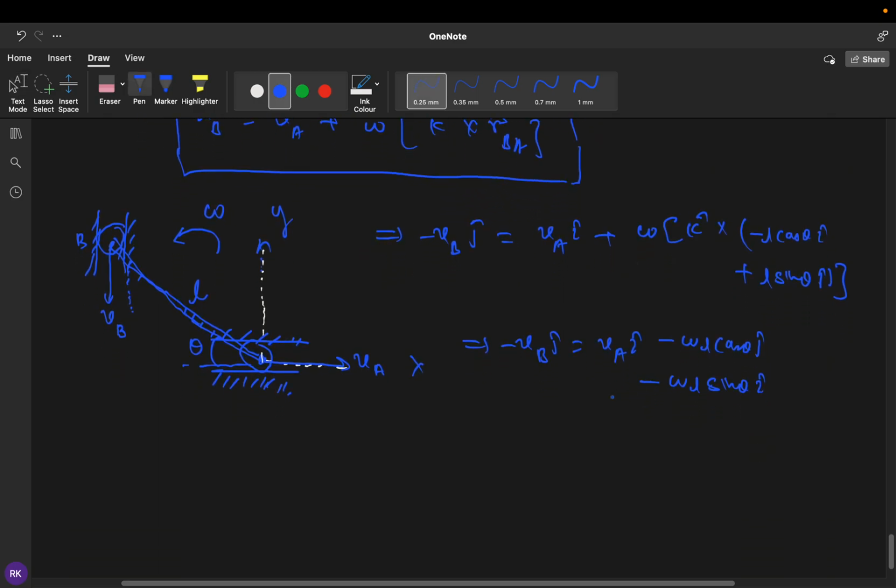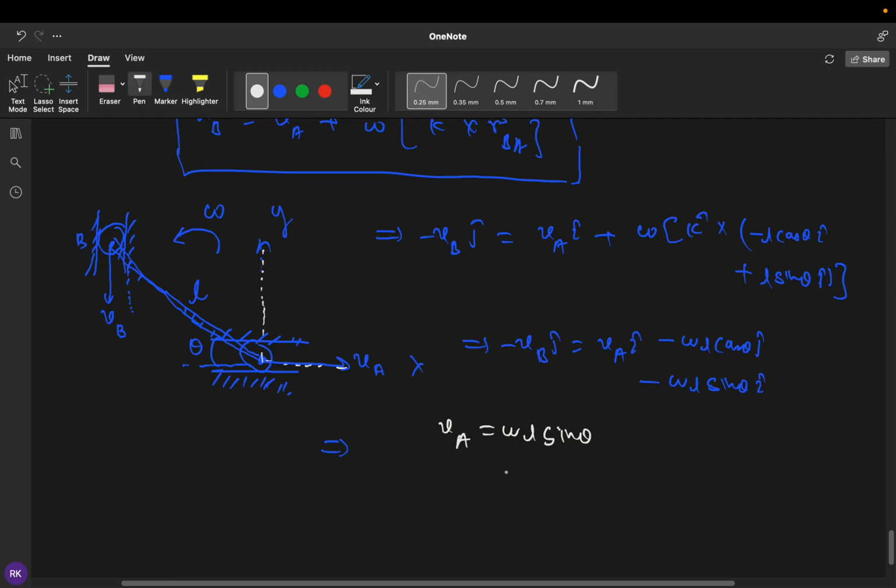Now compare i with i. When you compare i with i, there is no i on the left, so you will get VA equal to omega L sin theta.